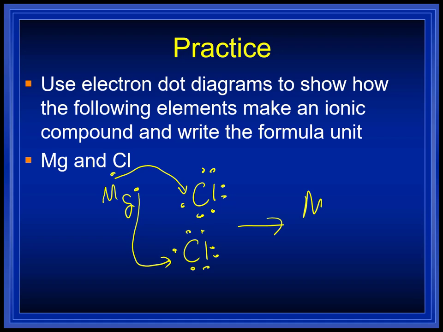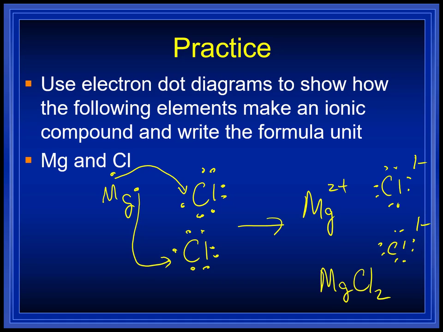So when I'm done, I've got a magnesium that's 2 plus, and 2 Cls that are both 1 minus. So my formula is going to be MgCl2.